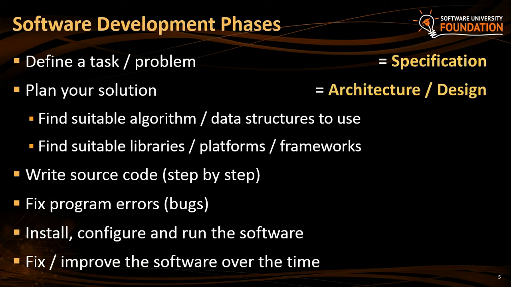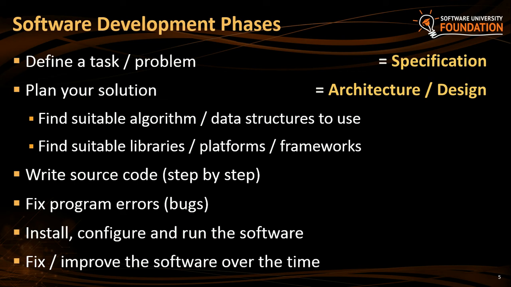You need to plan your solution. For example, if I need to write a game for a mobile phone, I need to decide to write it in Flash, to write it as a native application, or to write it in HTML5 and run it in a sandbox.